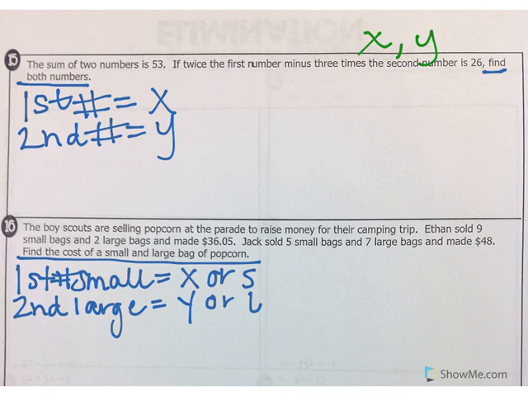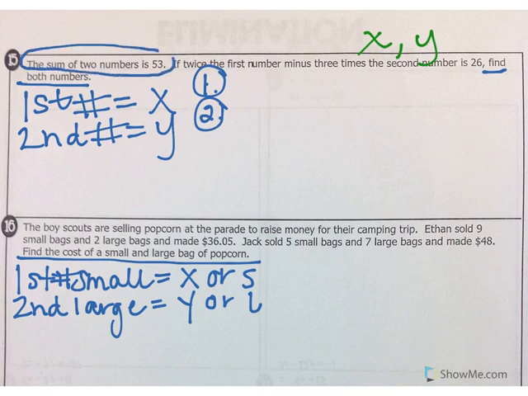So number 15, I'm going back and I'm solving it, and it says the sum of two numbers. Okay, so I have to set up two equations because that's what systems is. The first equation says the sum of two numbers is 53. That little sentence is going to give me an equation.